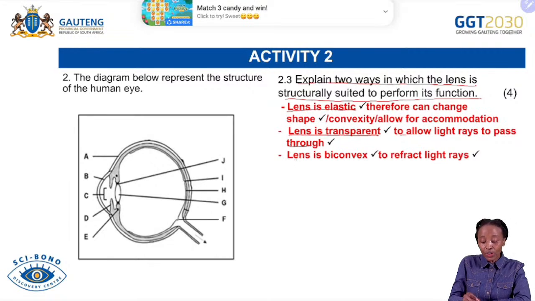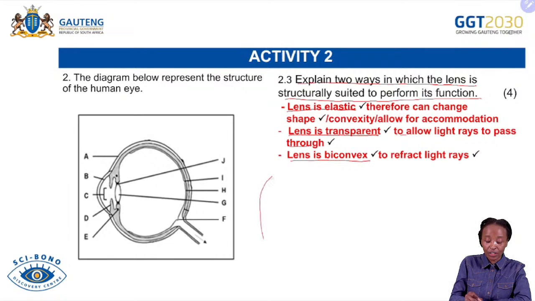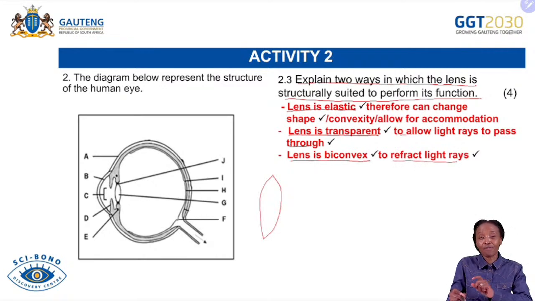Then lastly, we are told that the lens is biconvex. It is a biconvex structure. It looks like this. And because it's biconvex, it is able to refract light rays. Remember, when we talk about refraction, it's when the light rays bend depending on the structure that they strike.